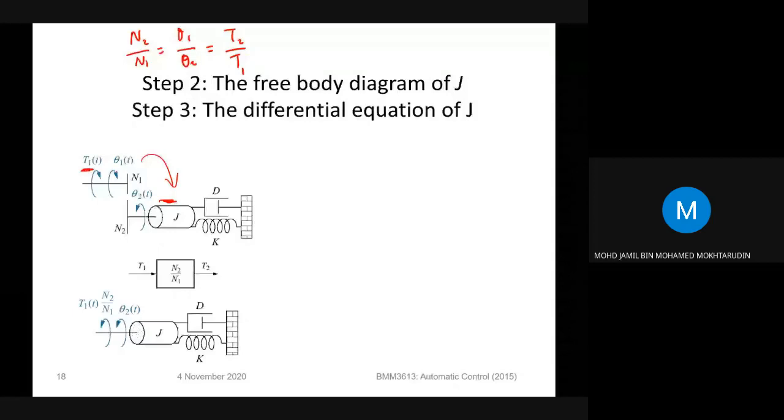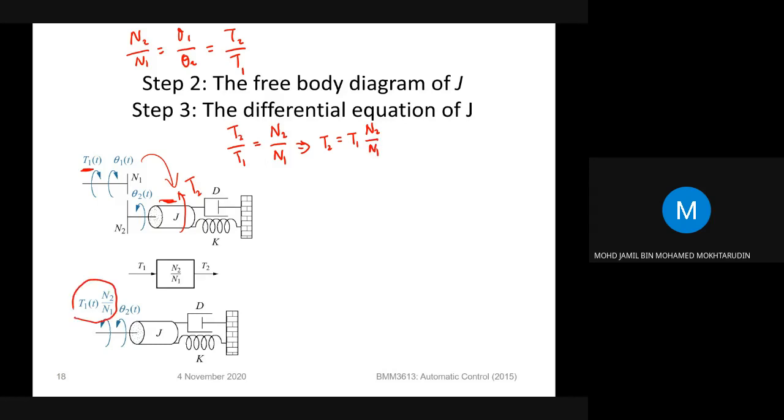Okay, so this T1 is on this side, and you want to get the torque on this side. Let's call it T2. So how to get T2? T2 over T1 equals N2 over N1, so T2 equals T1 times N2 over N1. So this is your T2 here.